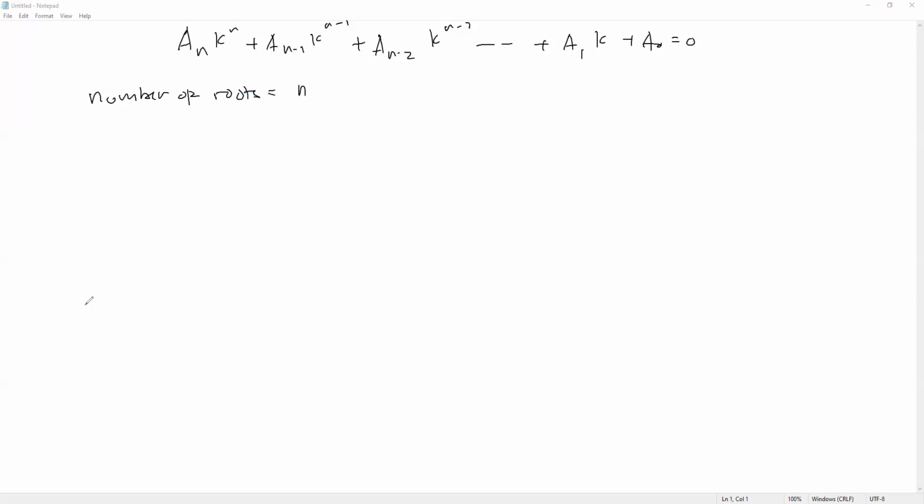But what will be the value of each root? We can have several cases. It is possible to have the roots be either real or imaginary. If they are imaginary, they will always come in conjugate pairs.